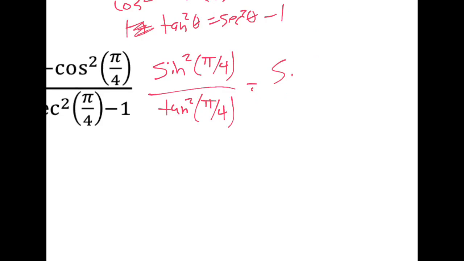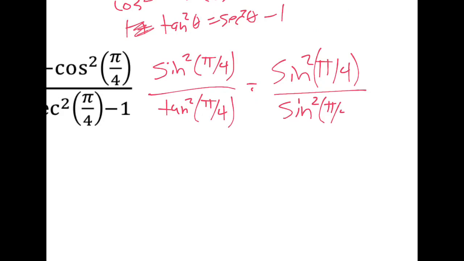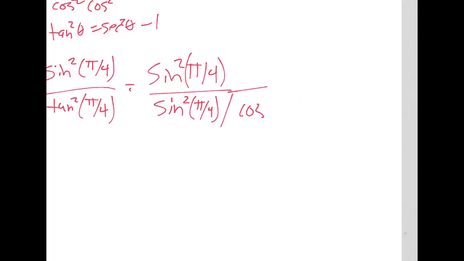But sine squared of pi over 4 over tan squared of pi over 4. Well, think about what tan is. Tan is sine over cosine. So I can write that as sine squared pi over 4 over cosine squared of pi over 4.